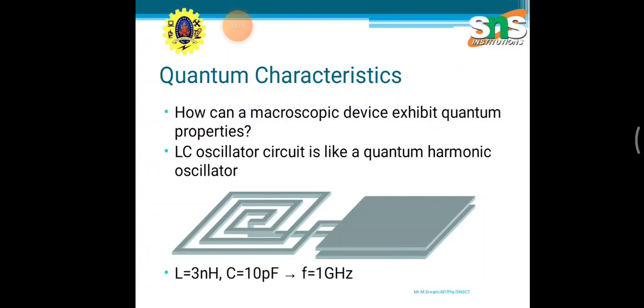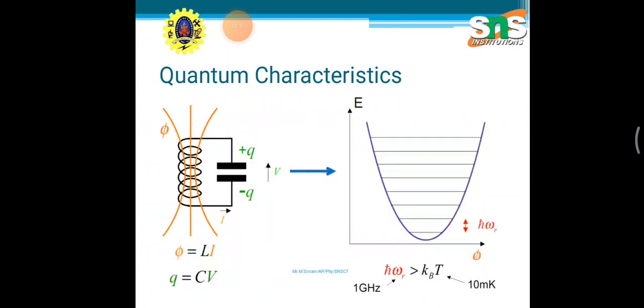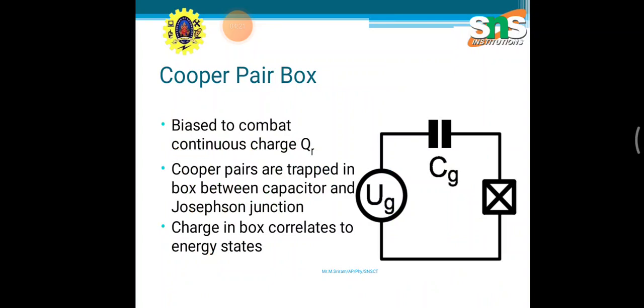Now the quantum characteristics: how can a macroscopic device exhibit quantum properties? LC oscillator circuits behave like a quantum harmonic oscillator, so we can use that characteristic. And the Cooper pair box, based on a continuous charge Q. Cooper pairs are trapped in a box between a capacitor and a Josephson junction, so the charge in the box correlates to energy states.